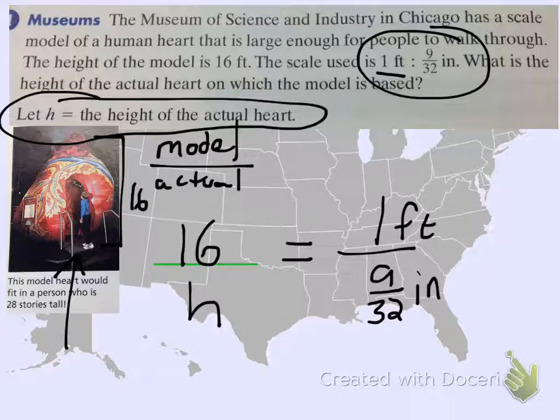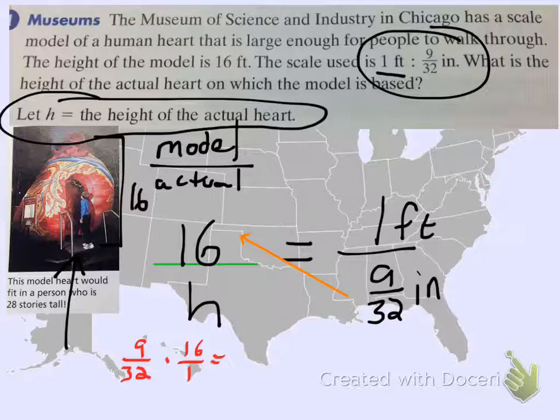Now I'm going to cross multiply. 9/32 times 16. Now this is a hard one, so I'm going to show you. 9/32 times 16. You put 16 over 1 when you multiply fractions. Now I'm going to reduce first before I multiply, so it makes my answer smaller.